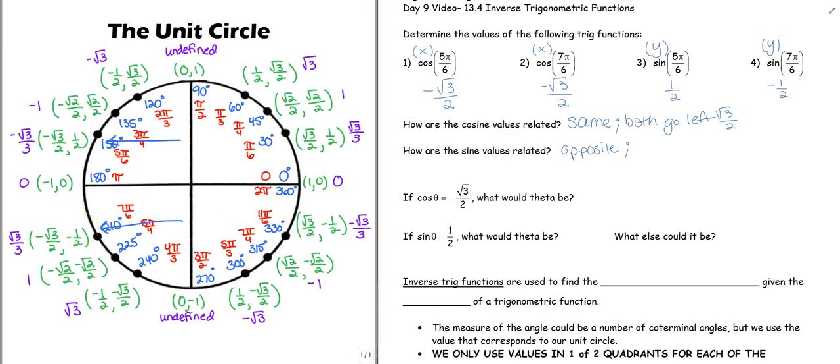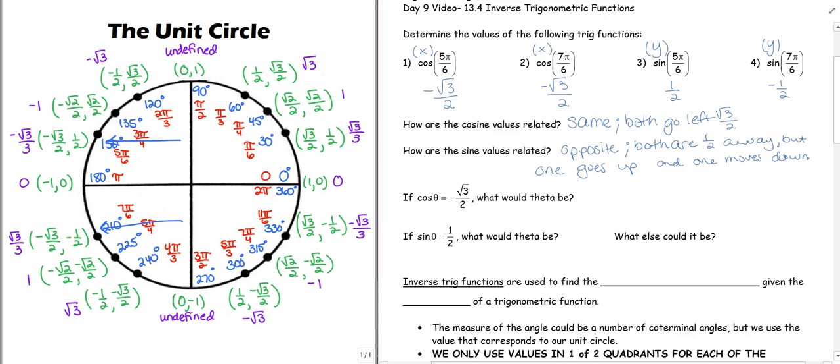So they're both going the same distance, they're just going in different directions. Both are 1/2 away, but one goes up and one moves down. That's the difference between that positive 1/2 and that negative 1/2.